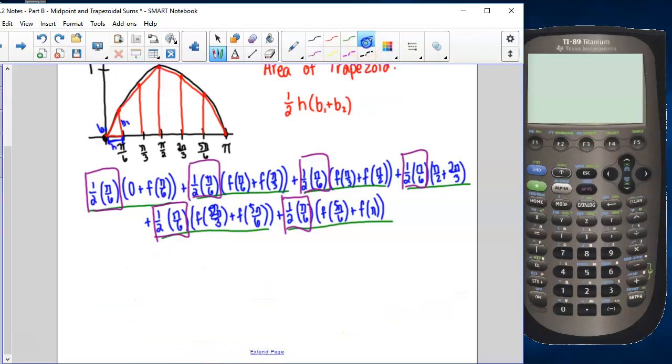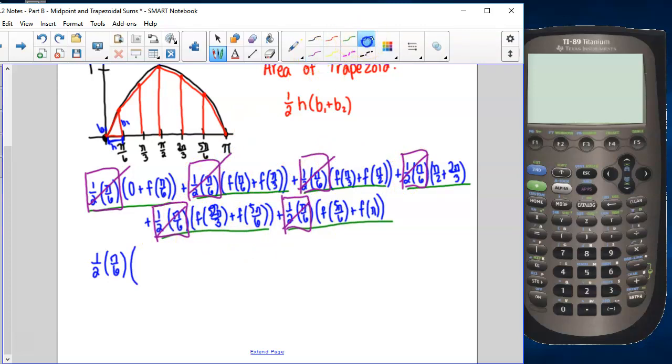So all of those are the same. I can factor that out. And so if I pull them out front, we'll look at what we've got here.